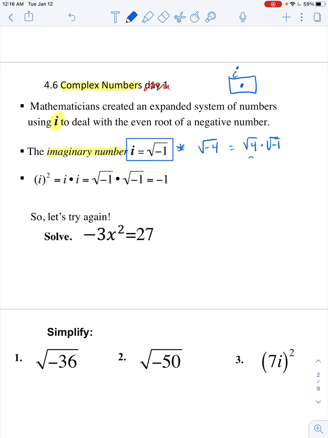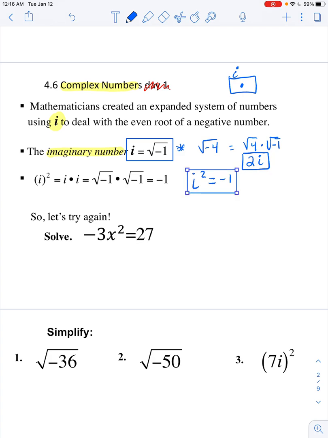So the square root of 4 comes out as a 2. The square root of -1 comes out as an i, and your answer to that would be 2i. I always say the i indicates that there was a negative under the radical. So that's one building block. The other building block that you need to know is that i squared is equal to -1.